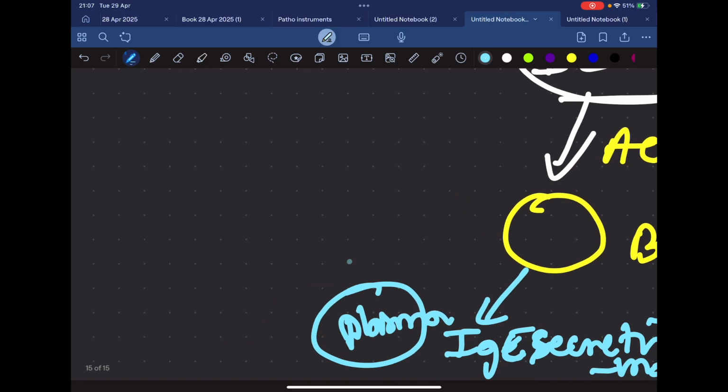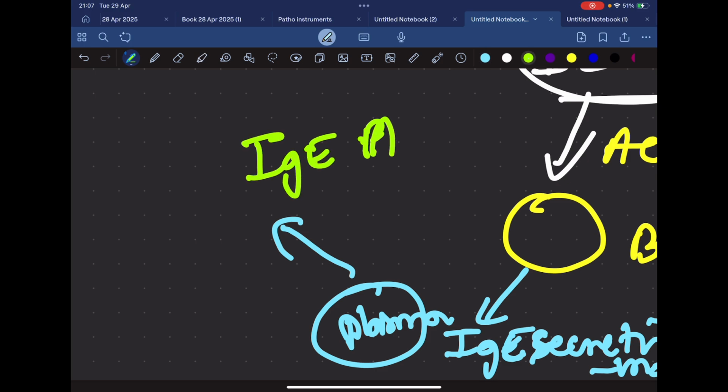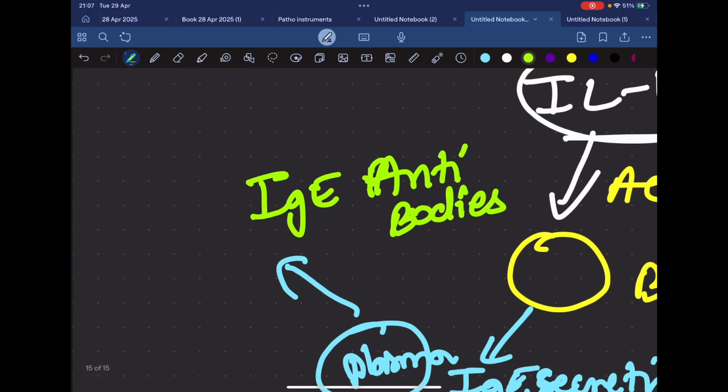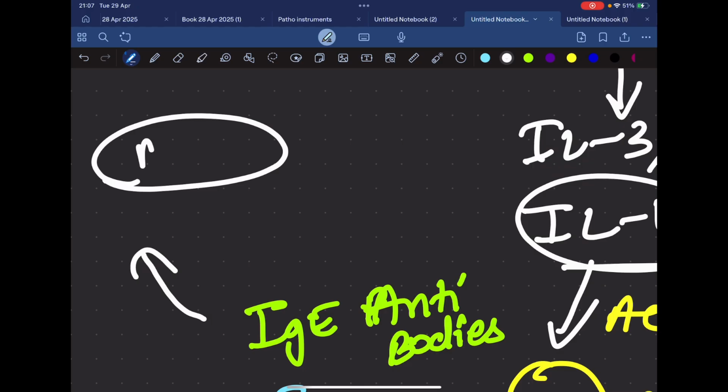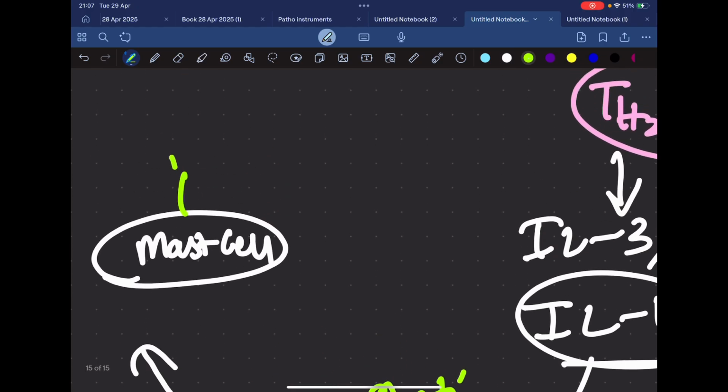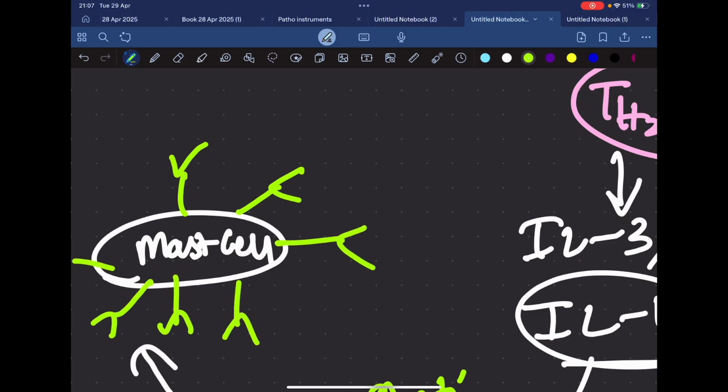This plasma cell is going to secrete the IgE antibodies. The IgE antibodies go and attach to the Fc receptors of the mast cell.